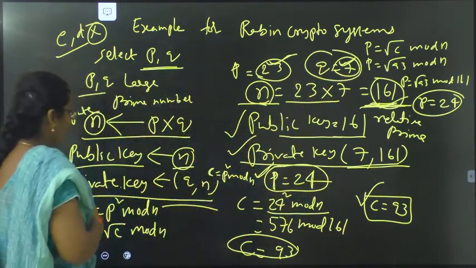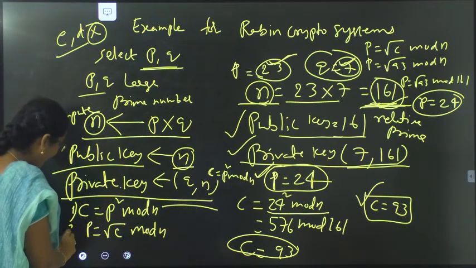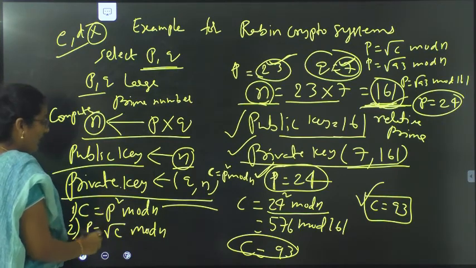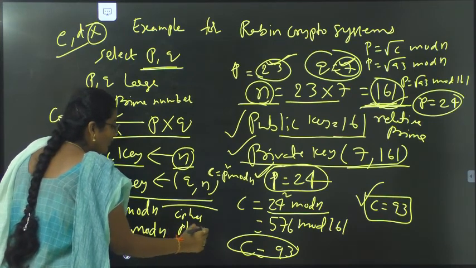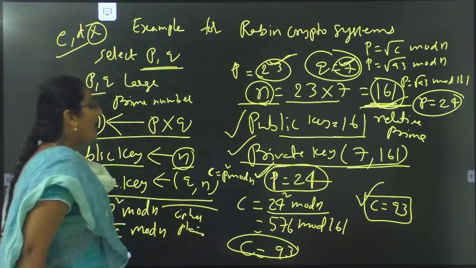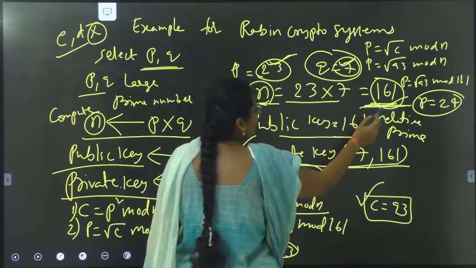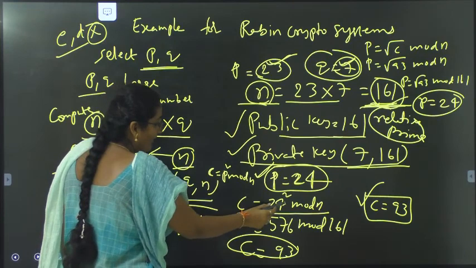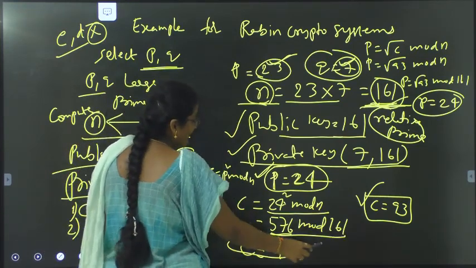Now by using the formulas C equal to P square mod n and P equal to square root of C mod n, I have to find the ciphertext and plain text. I assumed the plain text as 24 because 24 is relatively prime to 161. Then 24 square is 576, and 576 mod 161 is 93.